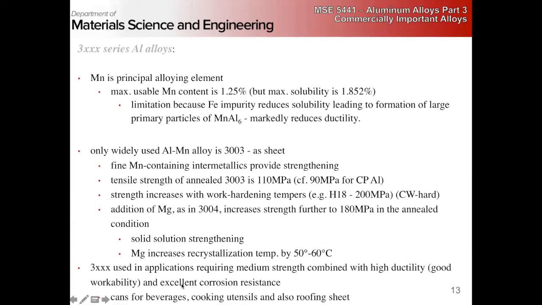The most important thing is corrosion resistance. So again, beer cans, cooking utensils, and roofing sheet. So if someone has an aluminum roof, chances are that it's going to be 3000 series.